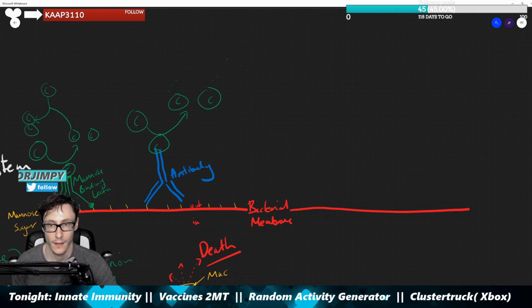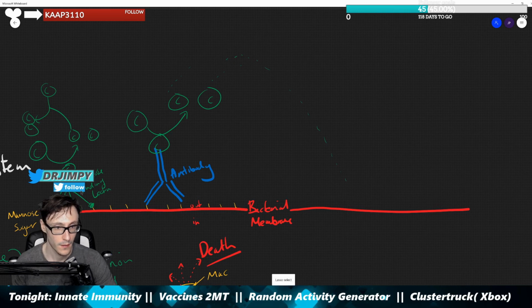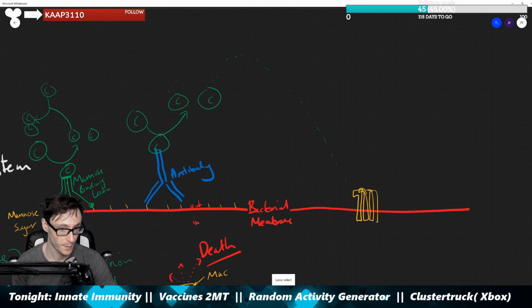And just drawing that, what will eventually lead to formation of the MAC, which we'll draw in gold, just like we did before, where you'll get a subunit entering and then another subunit entering, and what happens is that eventually it forms a pore that you can look down, and the guts of the bacteria spew out.